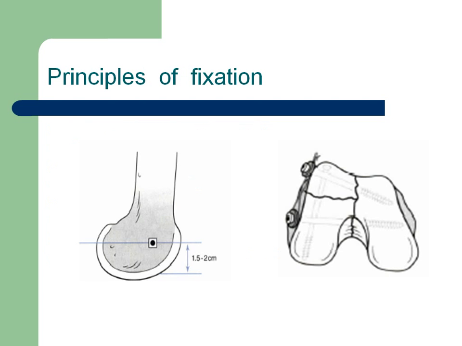The principle of fixation is important: in the lateral X-ray, we have to divide the condyle into half anterior and half posterior. The fixation and the blade must be placed in the anterior half, and the distance to the articular surface is about 1.5 to 2 centimeters, as you see in this picture.